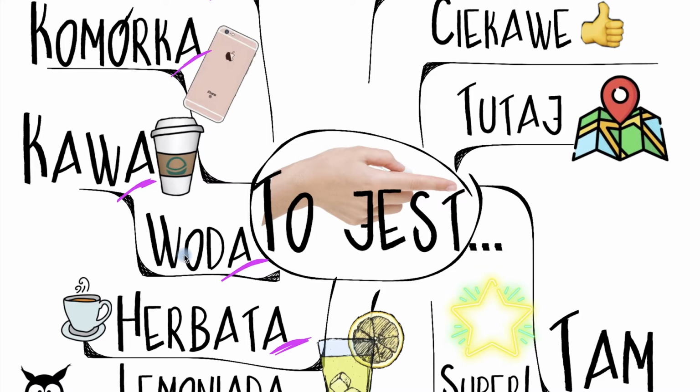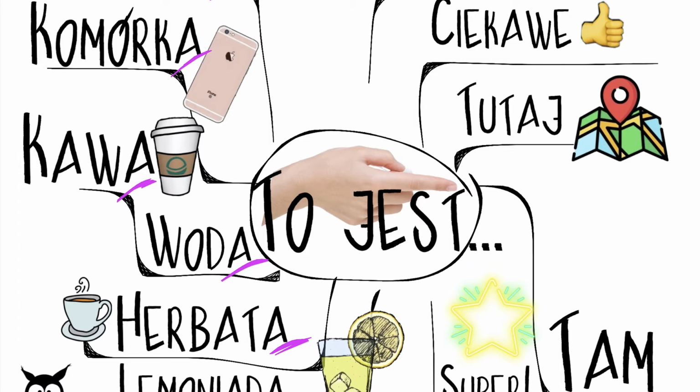You'll soon find out that we've got three genders when it comes to nouns in Polish, and almost all that end with the letter A are feminine.